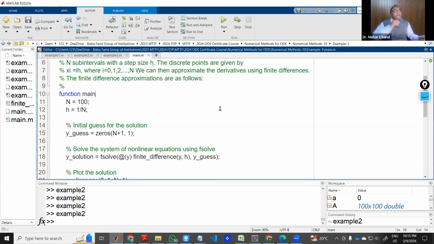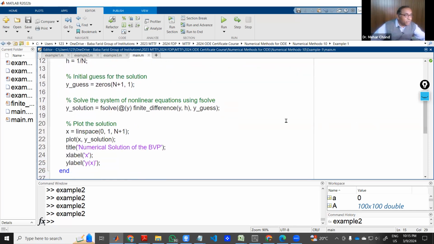Here we are using the next function as we discussed in the very beginning. So this is the main function. n is equal to 100, h is equal to 1 upon n, and these are the initial values for y, zeros of n plus 1 by 1, and then we will use the fsolve function.